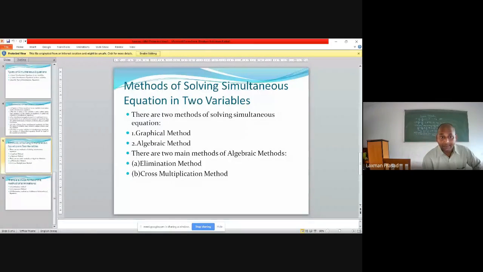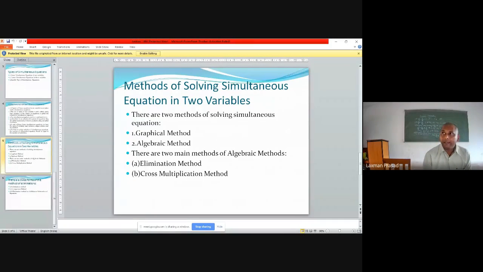Again, in the algebraic method there are two main methods. Elimination. See, there is information given in the equations in x and y. If there are two equations in the question, the first thing we do is equalize either x or y.